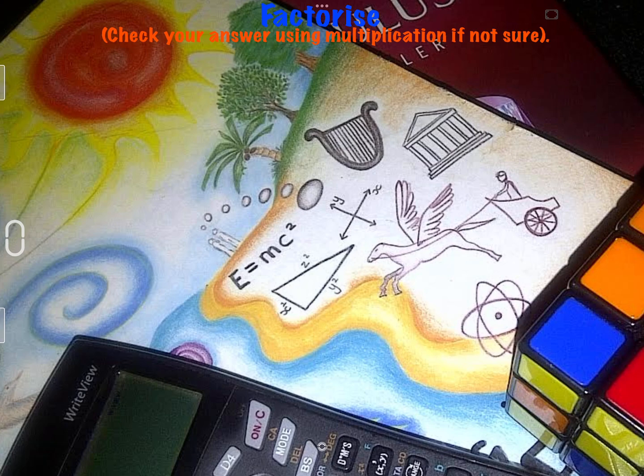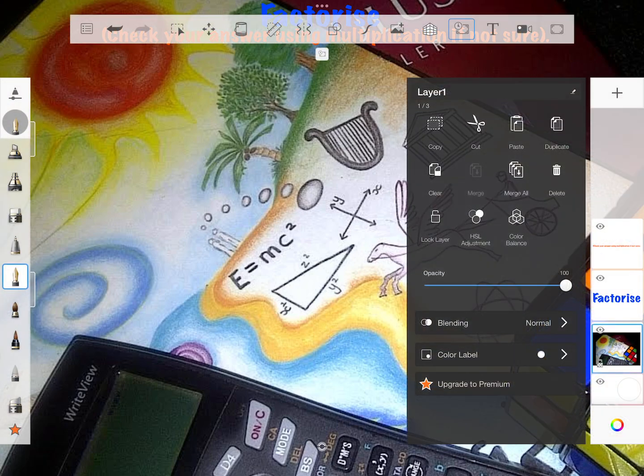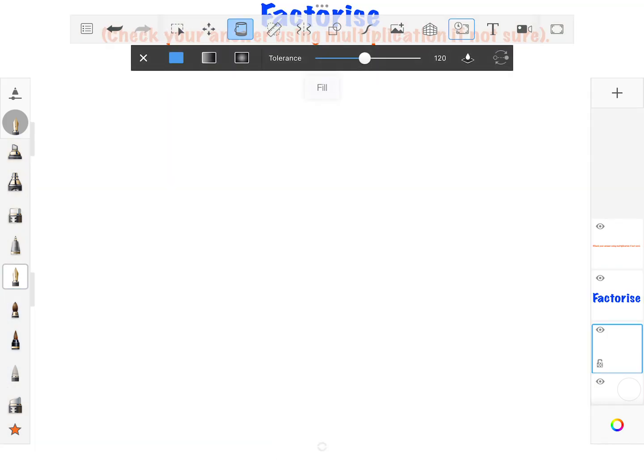Today we'll be factorizing trinomials. Suppose you are given this example.